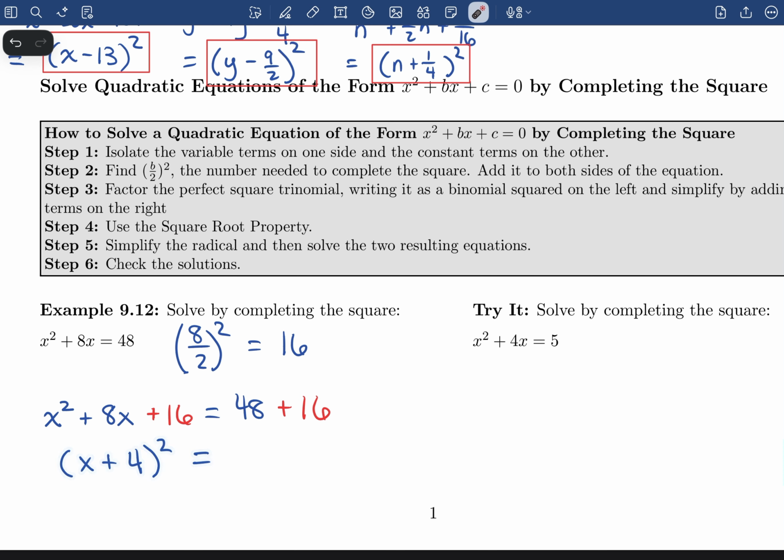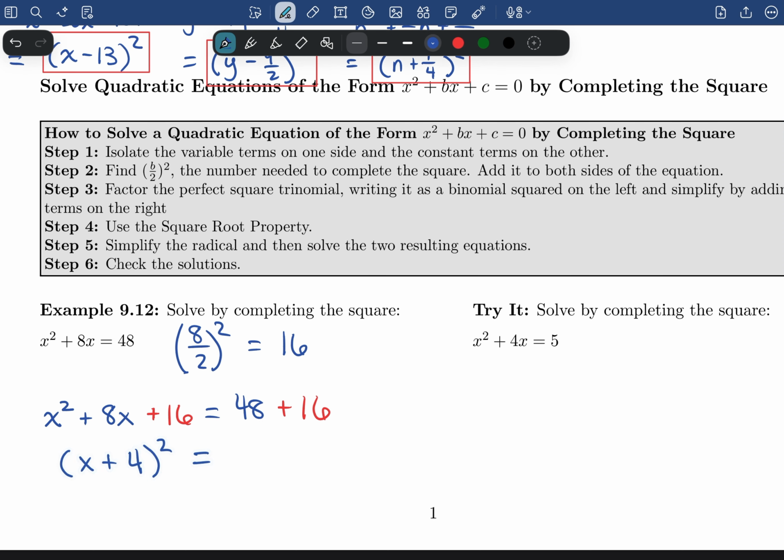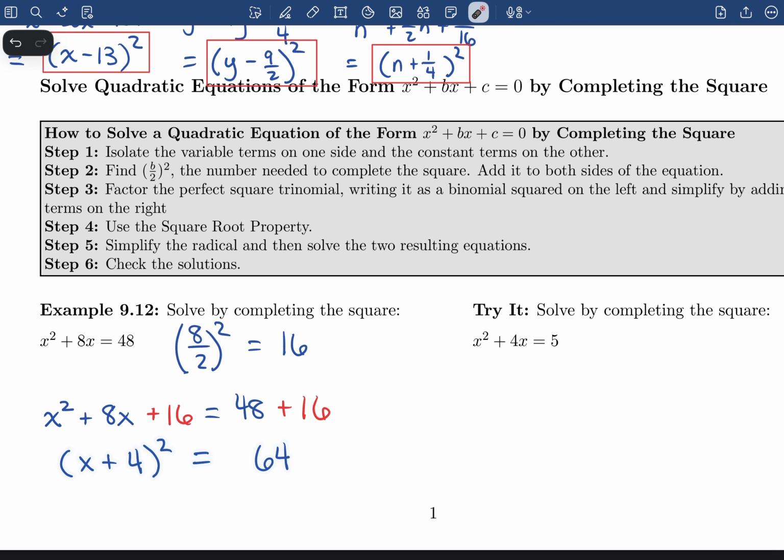I'm going to add these two constants together. And that gives me 64. Great. Now, at this point, I have completed step 3, which was to factor the perfect square trinomial, writing it as a binomial squared on the left, and simplify by adding the constant terms on the right.